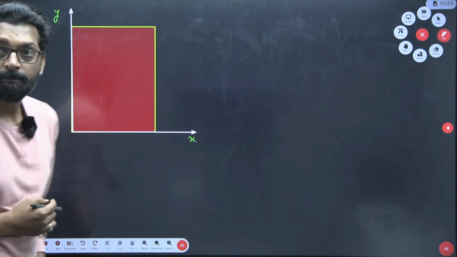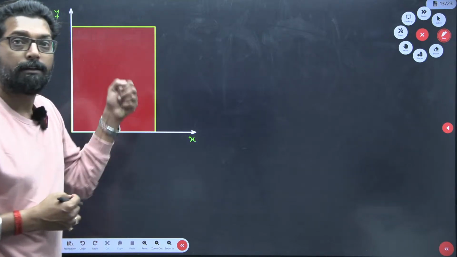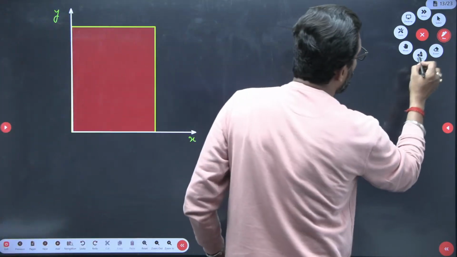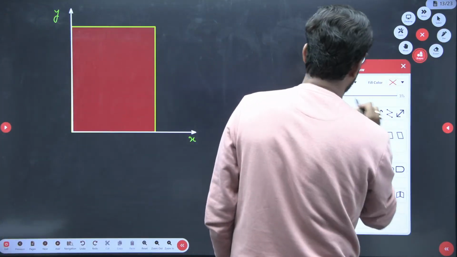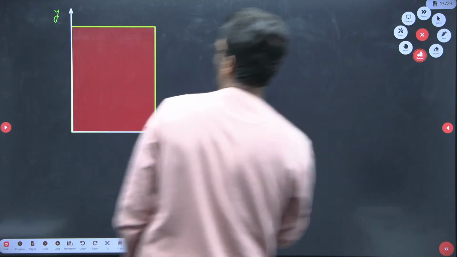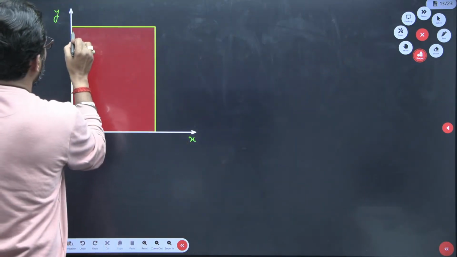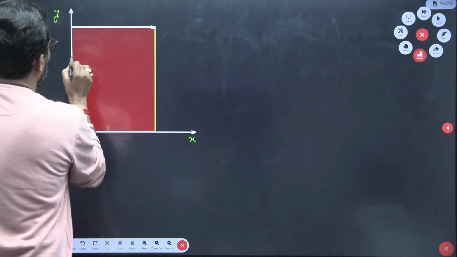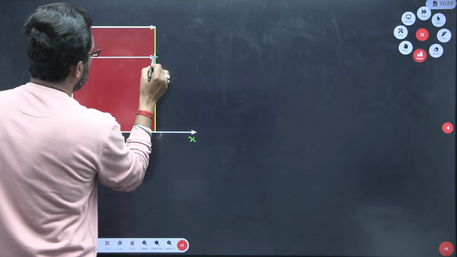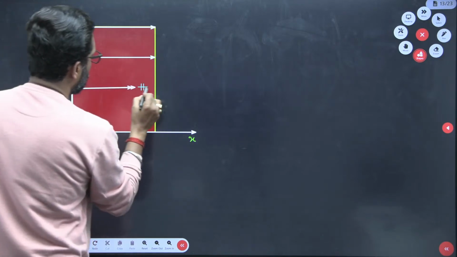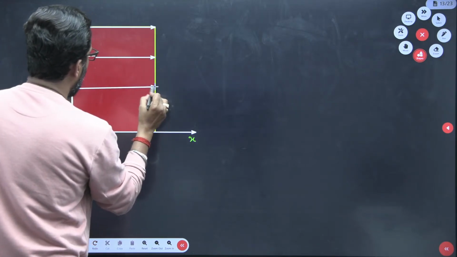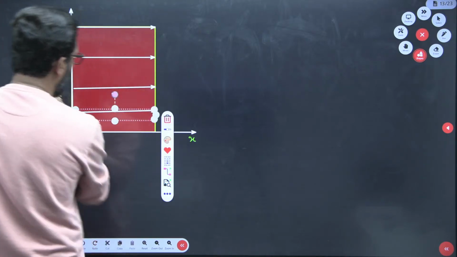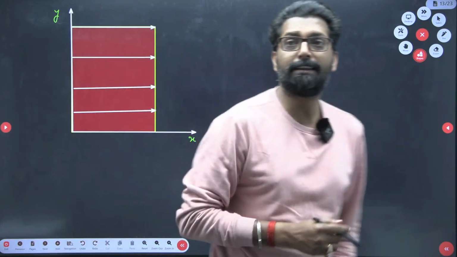Now the fluid is flowing with a uniform velocity. That means the fluid velocity component in the x direction is constant, the same. Here same velocity, here same velocity, all the fluid. When is it possible?